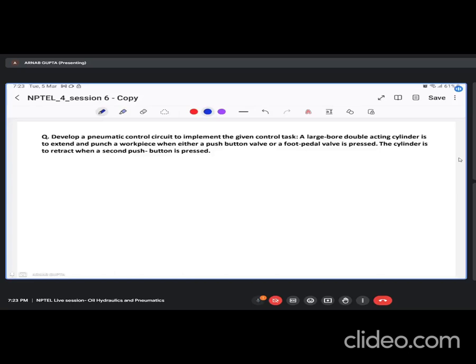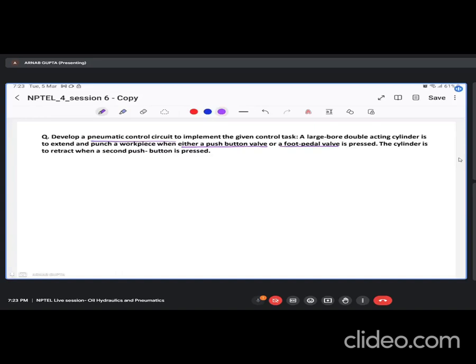Coming to the next circuit, develop again a pneumatic control circuit to implement the given control task. A large bore double acting cylinder is to extend and punch a workpiece when either a push button valve or a foot pedal valve is pressed. This is just the opposite of what we discussed in the previous question. There will be two remotely operated valves, so both operators can actuate the cylinder.